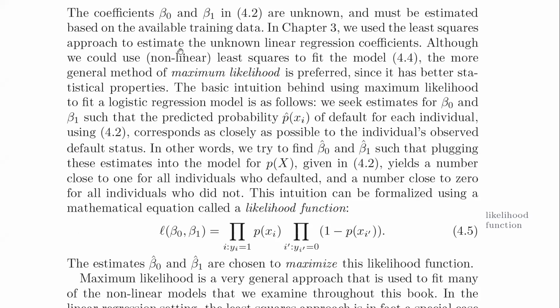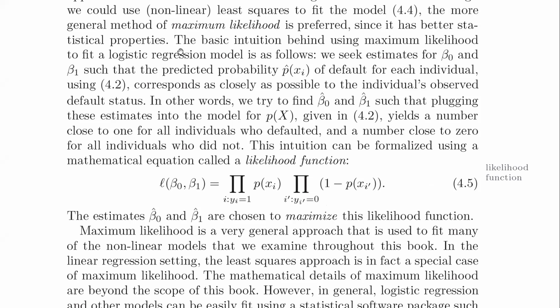The more general method, this is probably something that we're going to use beyond this chapter, is maximum likelihood. Heads up, in my experience, this is extremely important for your actuarial exams, for university, and in real life, of course. It's preferred since it has better statistical properties.